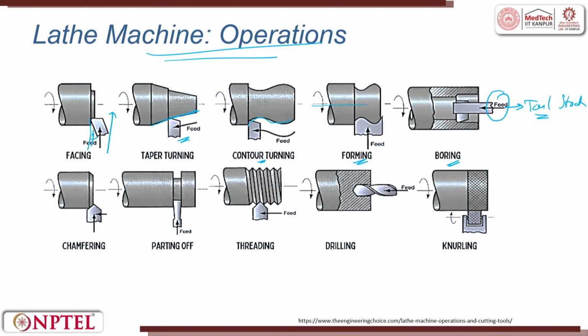The spindle rotates, and as it moves inside, the tool comes in contact with the workpiece. For a boring operation to happen, there first has to be a drilling operation. Drilling is first and boring is second. Drilling is to generate a hole. Boring is enlarging a hole.